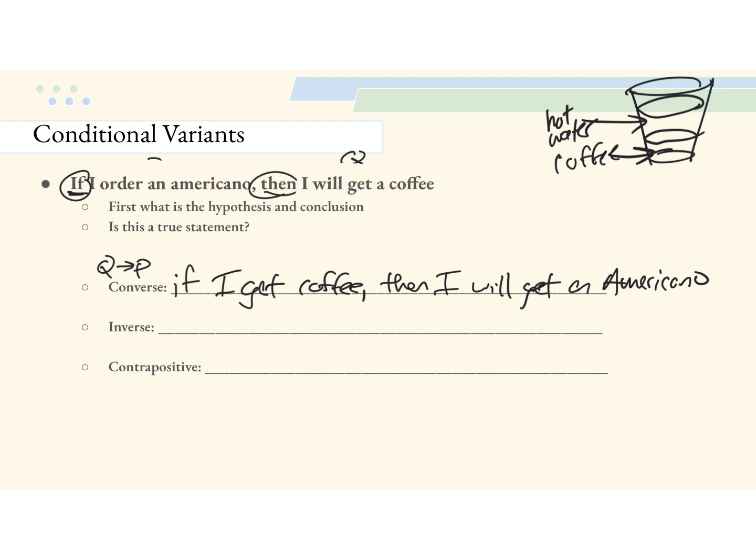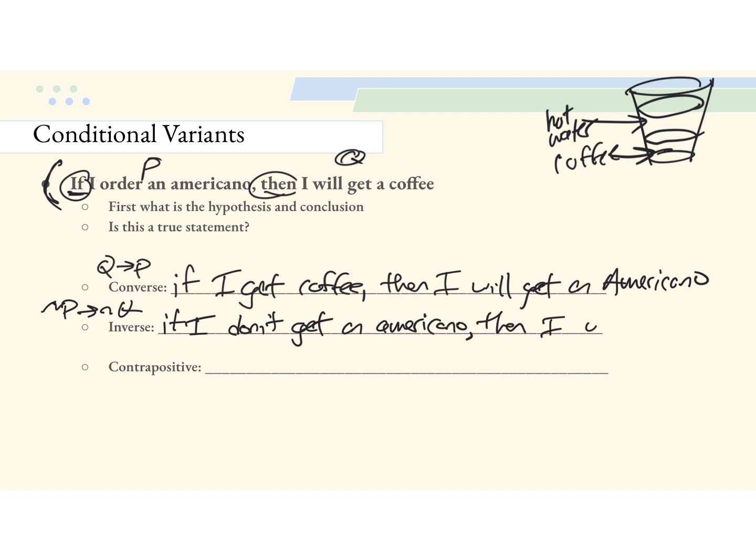Okay. Now, for the inverse is the negation of the original. So I basically just say, like, this is not going to happen on both sides. So I don't change anything from the original sentence. We're still working from the original sentence. So I'm going to say, if I don't get an Americano, then I won't get coffee.